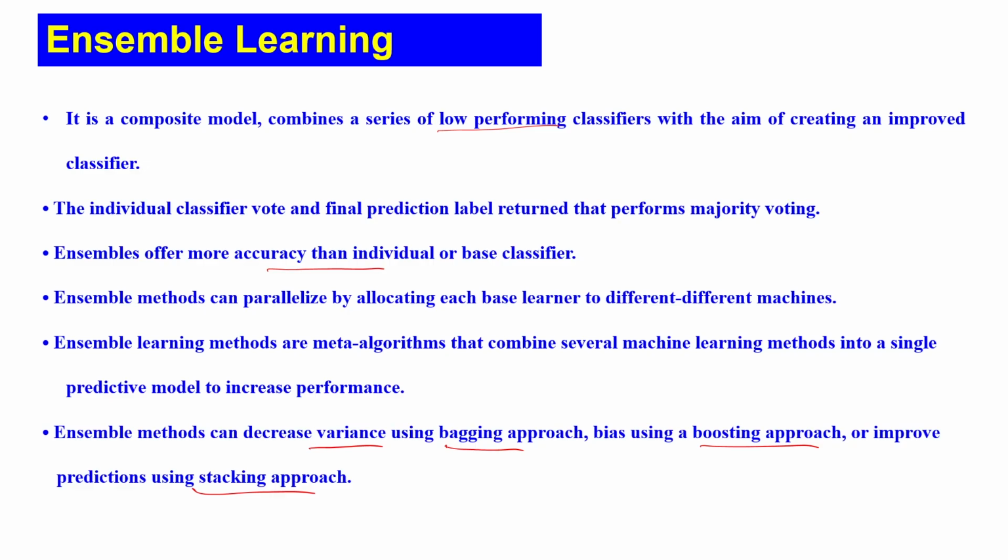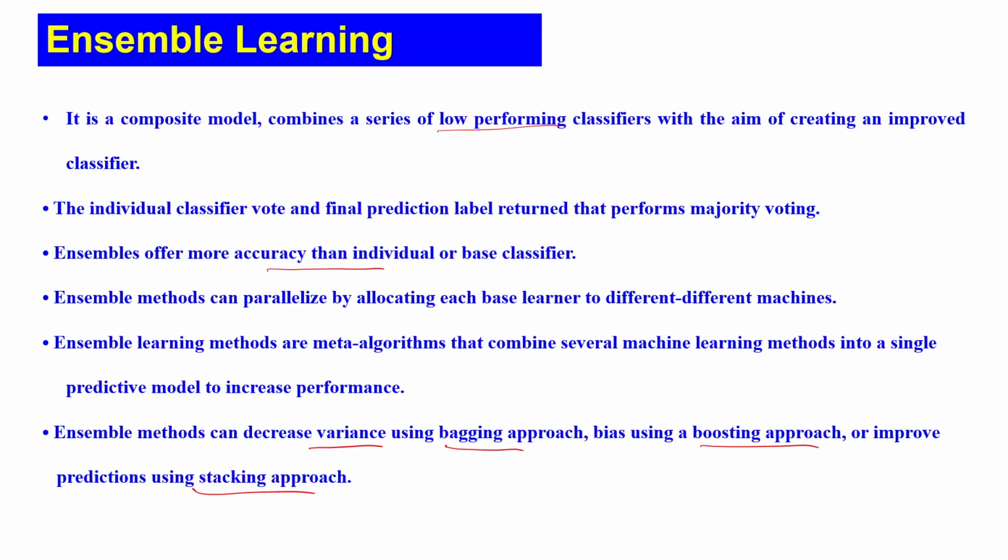They are committee based learning, which can put either a series of low performing models or put the low performing models into parallel combinations, okay, into a single predictive model. So that we can increase the performance, remember this, and the final prediction is based on majority voting.